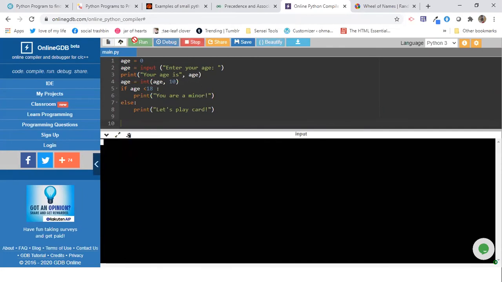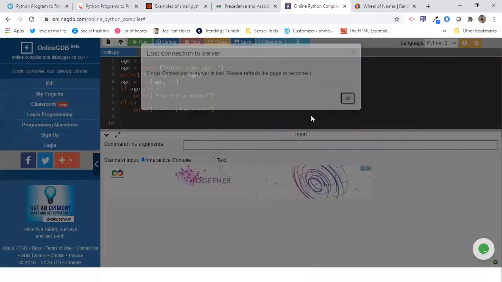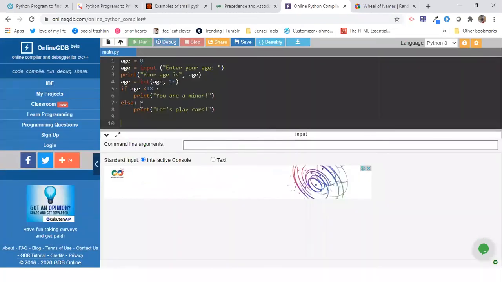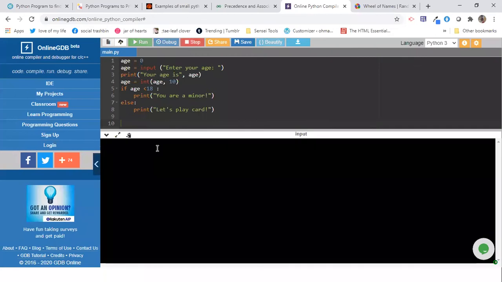Let's play card. 18 is? Shucks. Stop. Yan, wala na. Mag-run. 18 is? Let's play card.